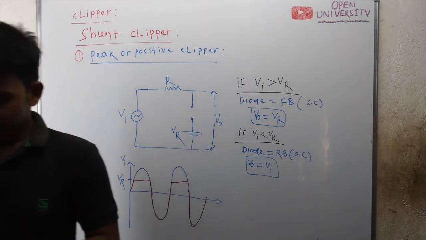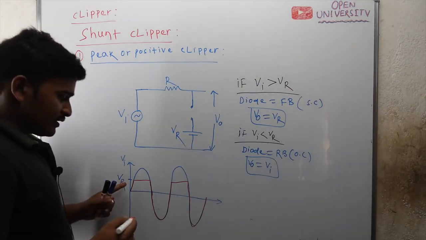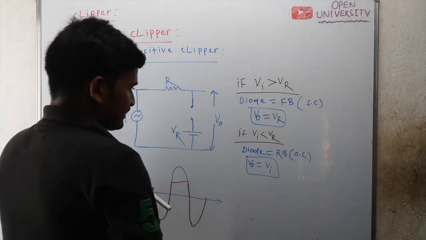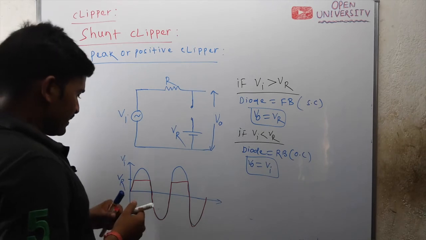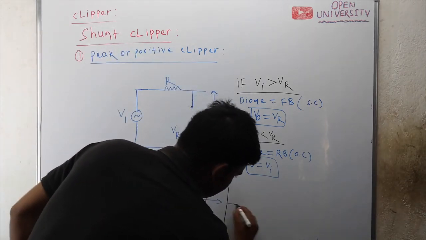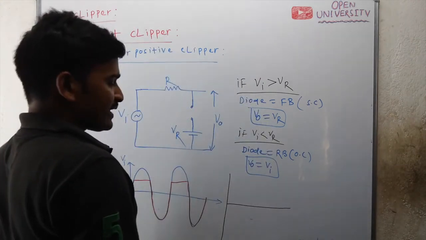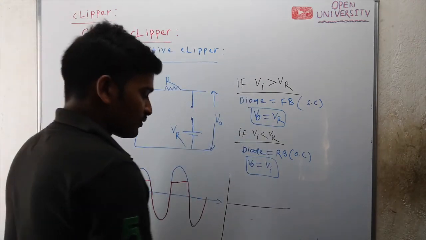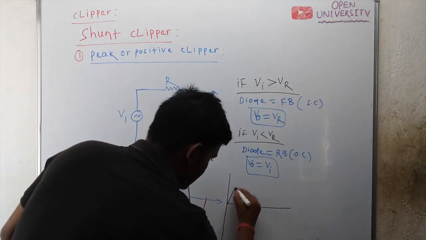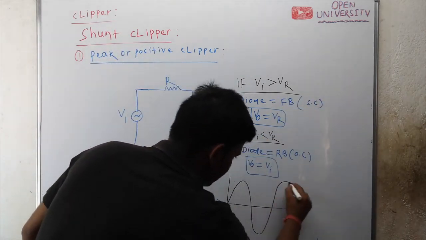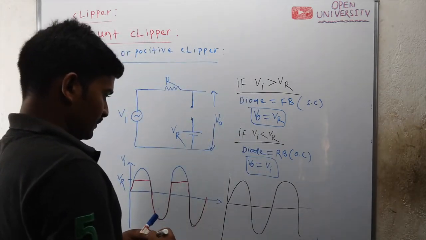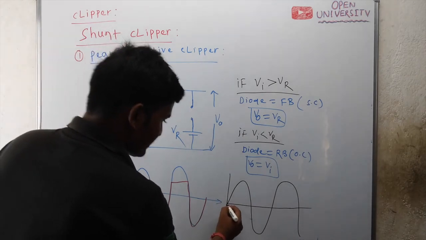Now this is the case when VR is a positive value. If your VR is 0 value and if VR is a negative value, what will be the output waveform? See, this is your input waveform, and let the reference voltage VR be 0.